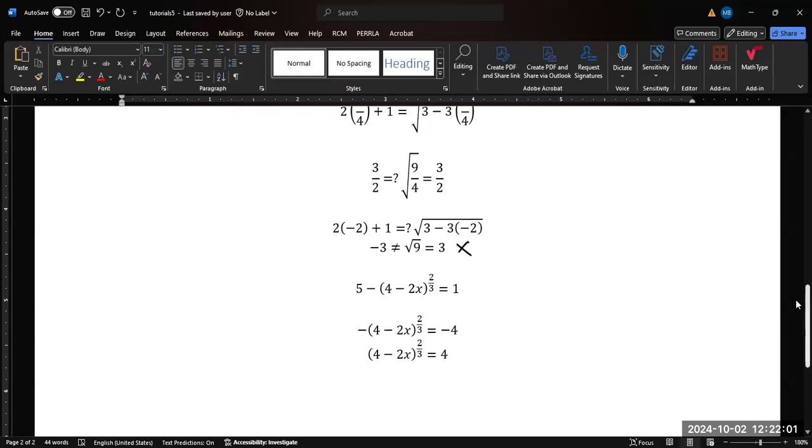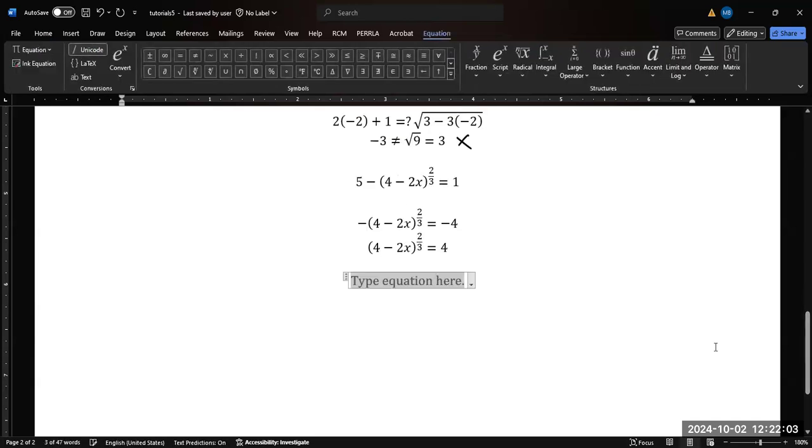Now, it's very tempting to just barrel forward and say, okay, I'm going to raise everything to the 3/2 power. And so I've got 4 minus 2x is equal to 4 to the 3/2. And it's not entirely wrong to do that, but where you'll get into trouble is that 2 again.